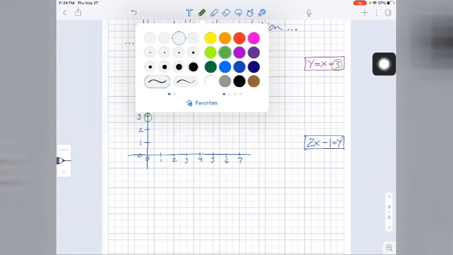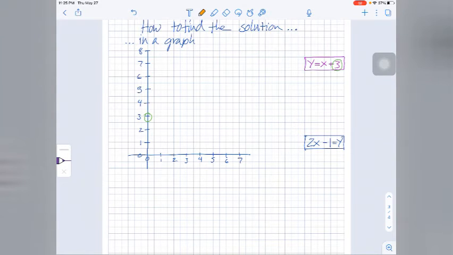So you're going to have one rise and one run. When you run 1, it goes up 1, and you'll have another point there. And the next time it goes up 1, and you'll have a point there, and again, and again.